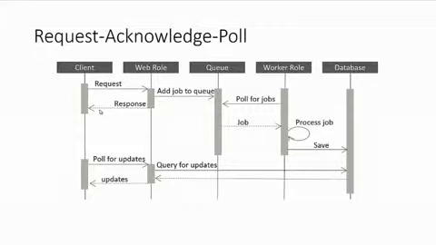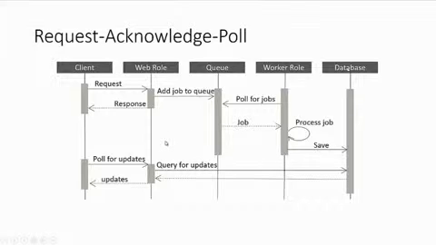So one way to deal with this is to use the request acknowledge pull pattern. And you can see the top portion of this diagram is the same as the previous one. The difference here is that as the worker processes the job, it will save intermediate results or progress into a database.